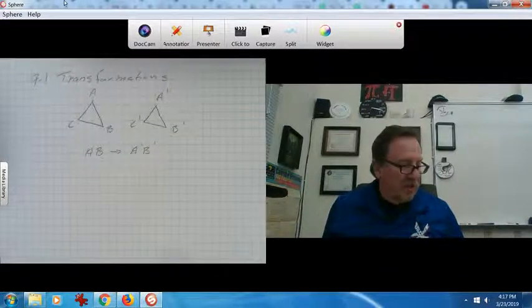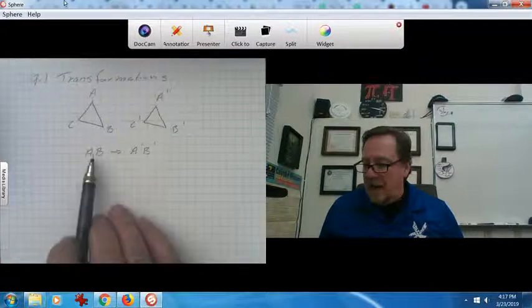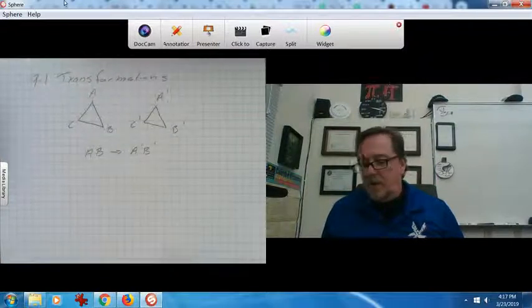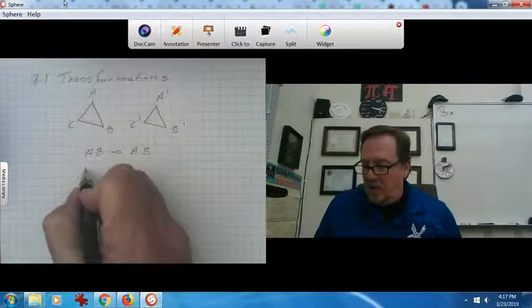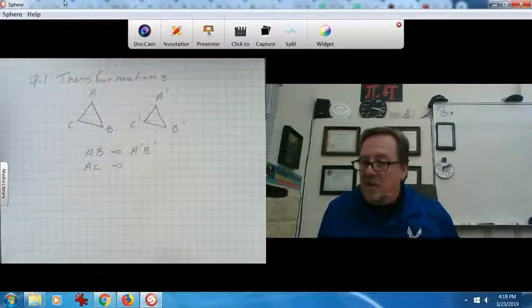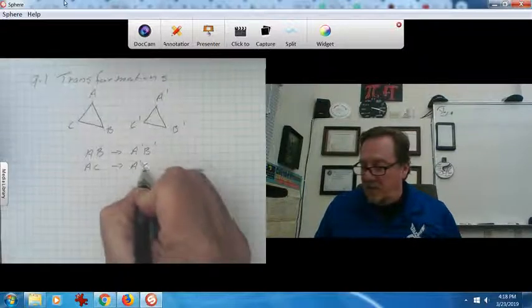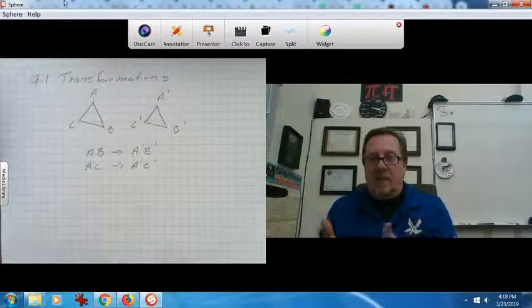So on problem number 2, where it says naming images and corresponding parts, notice that we can match these together. What are the other ones we could match up? Think. Hopefully you said, ooh, we could take AC and it would map to, that's right, A prime, C prime. Groovy? Okay.